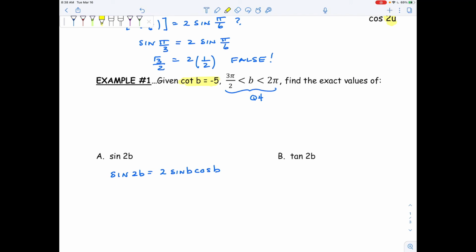So we'll use the same strategies as we've used before for this. The best thing to do is to use the clues to make a triangle. And that triangle represents all of the ratios for our angle.